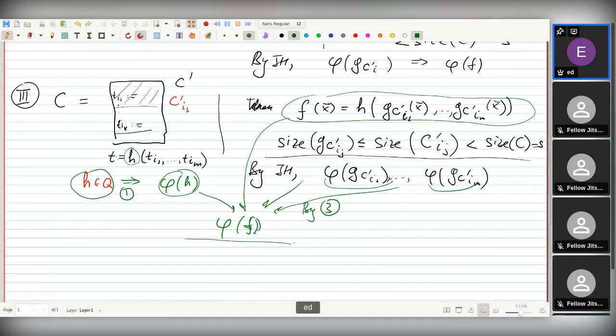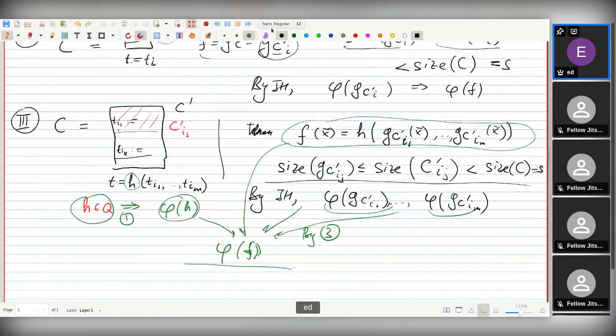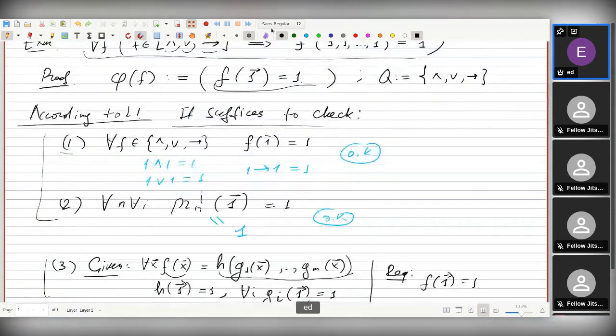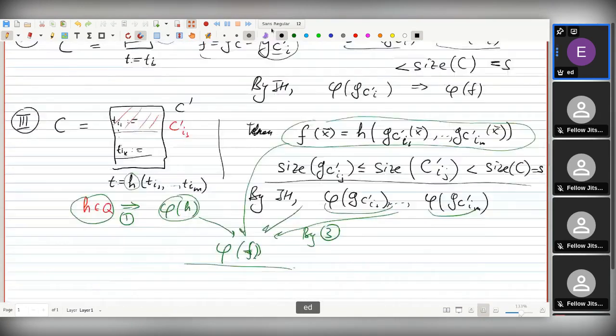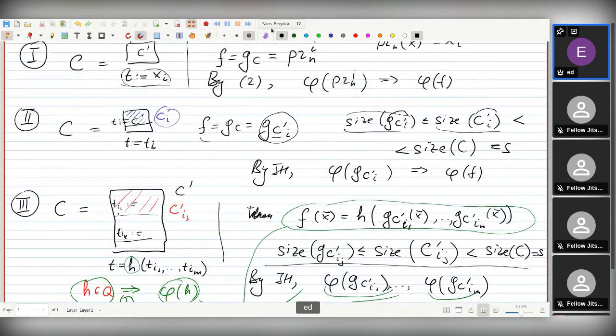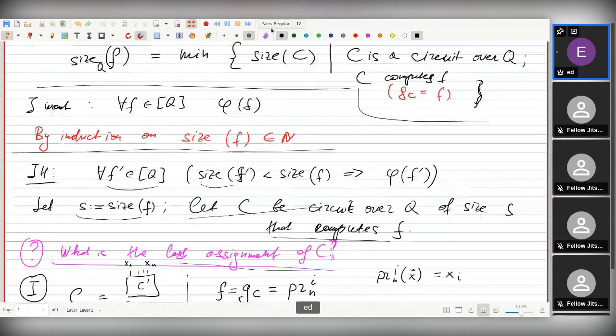Is it clear? Do you have any questions? So this way, I have considered all possible cases of the last assignment of C, and in every case, applying the inductive hypothesis, I have proved that F satisfies phi.